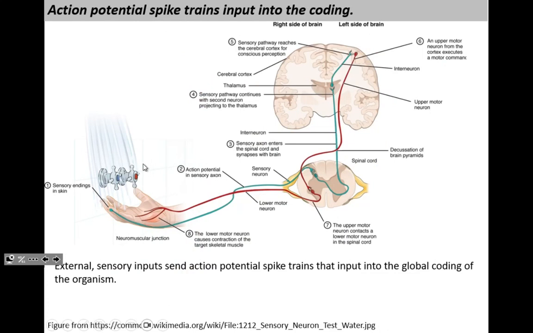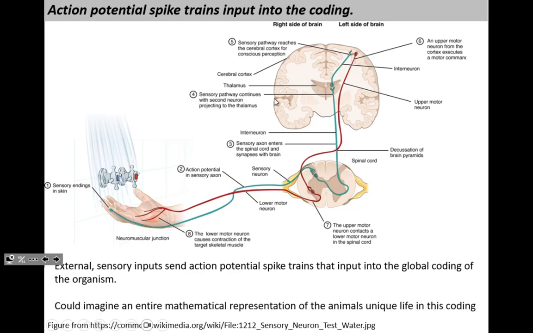But then if you could get on board with that, here's a guy who's about to go for a shower. He puts his hand in to see whether it's freezing cold or boiling hot. His sensory neurons send information into him via these action potential spike trains, little pulses of electricity down these wires, and the frequency of those is what sends information. But in this model, these electrochemical signals would be changing these switch patterns, which would be changing the direction and the flow of electricity around this complex computational device.